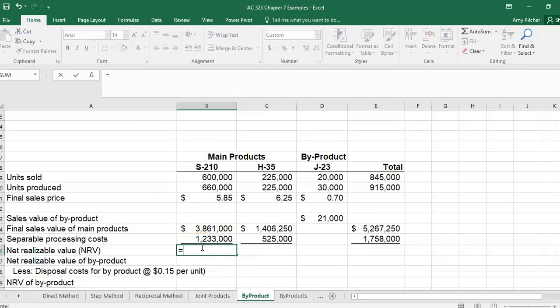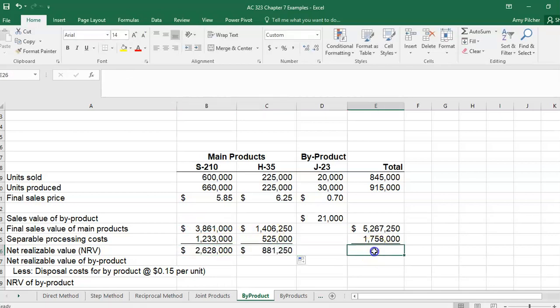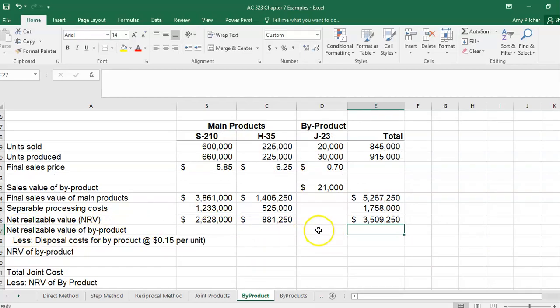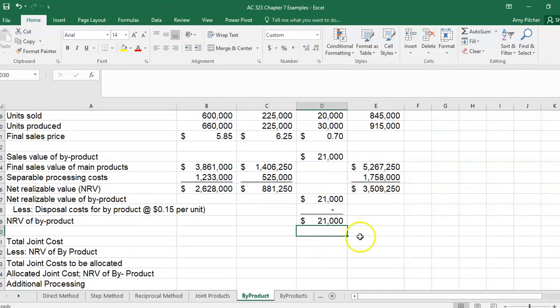And total net realizable value, which is our final sales value minus our processing costs. Then we have the net realizable value of our byproduct, which is $21,000. Okay. We're not going to dispose of it, so our net realizable value is the full $21,000.